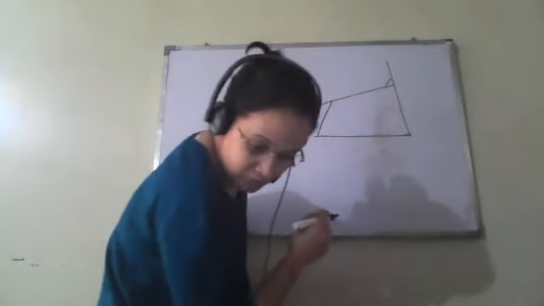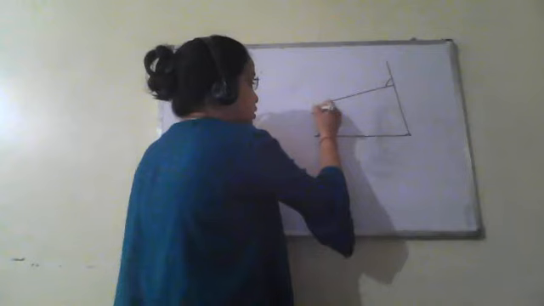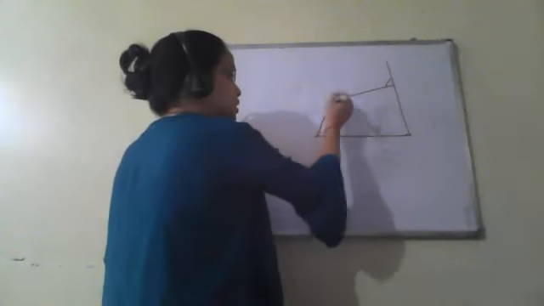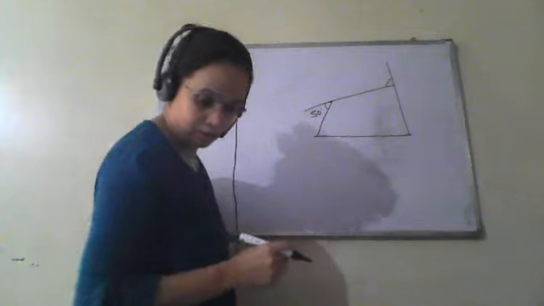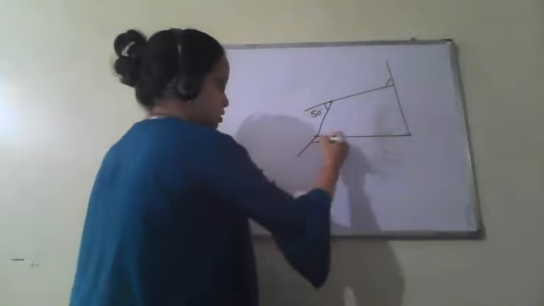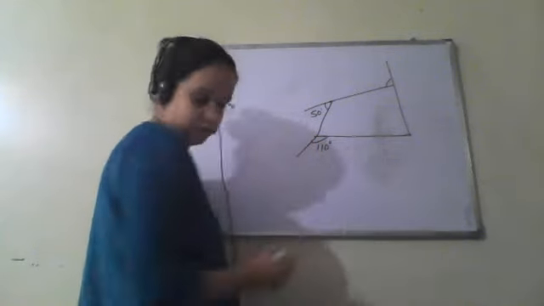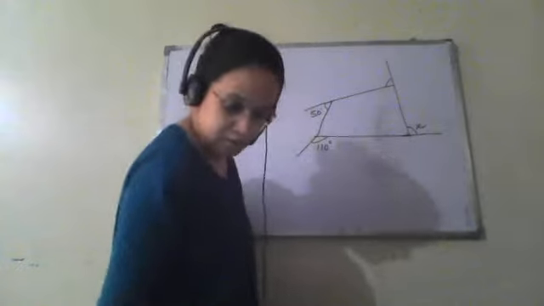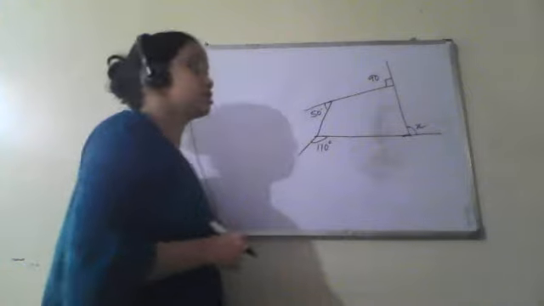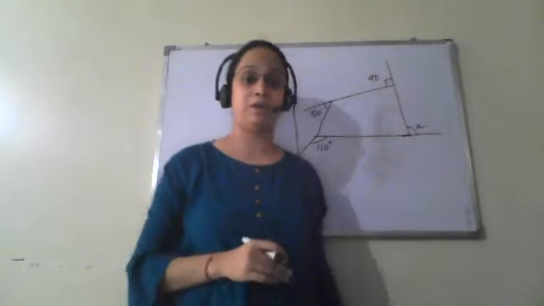They have mentioned this exterior angle is 50, this is 110, this is x, which we have to find, and this is 90. So these are the exterior angles of a quadrilateral given, and we have to find x.